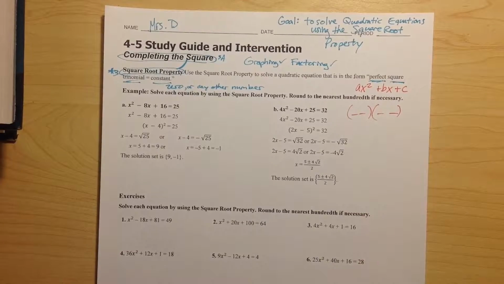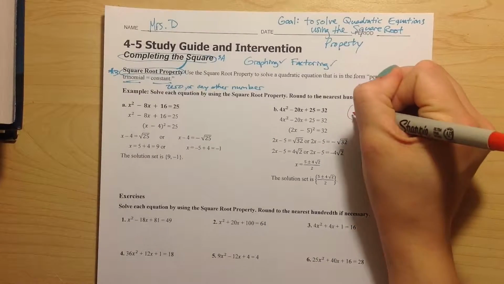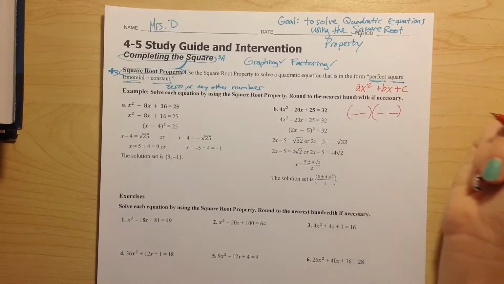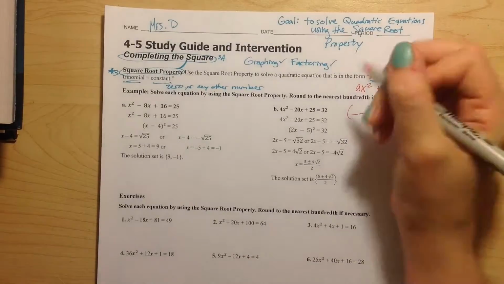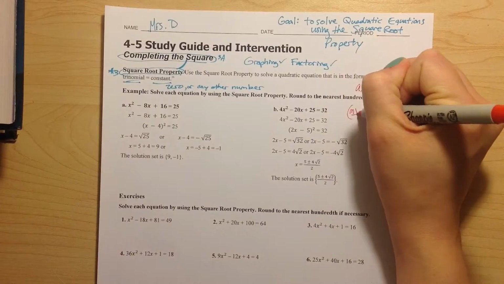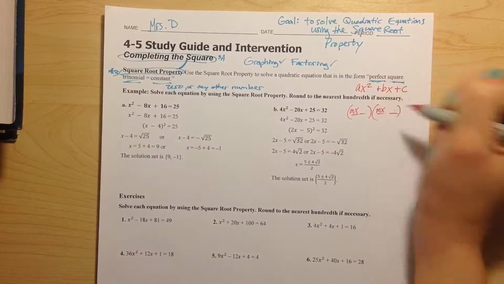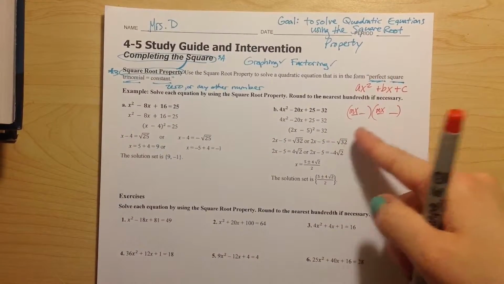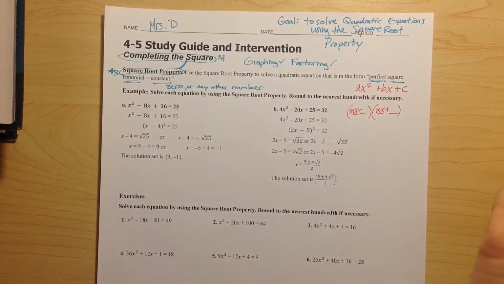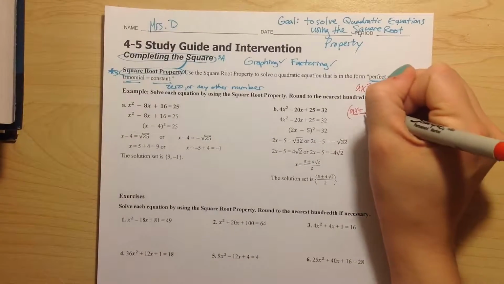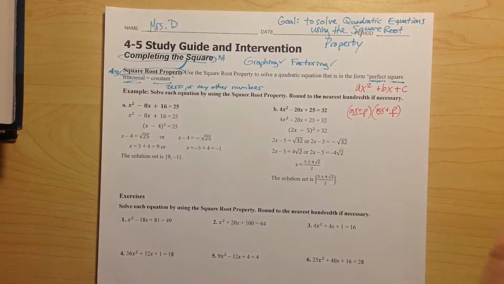Two spaces, I'm going to reverse FOIL. It's going to have some number out here. Since a, b, and c are already used, let's use m and p. mx, mx, so those two pieces are going to be the same, plus, or they could both be minus, p and p.